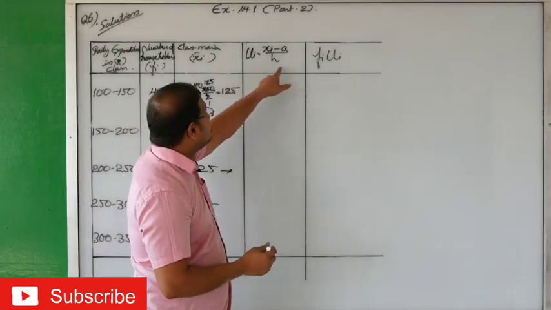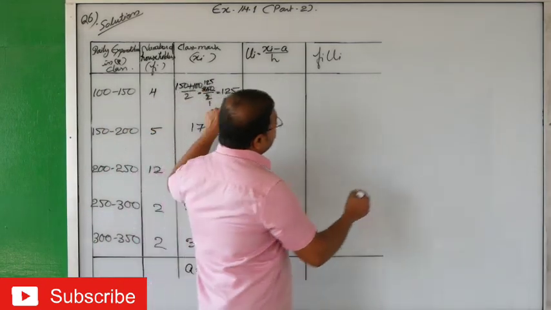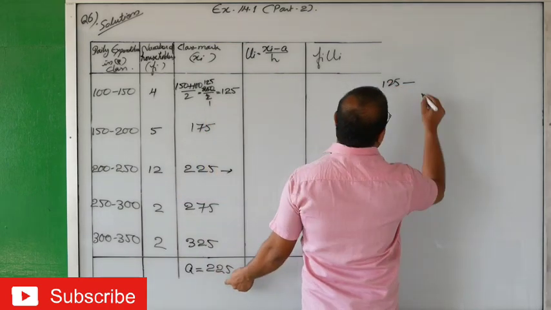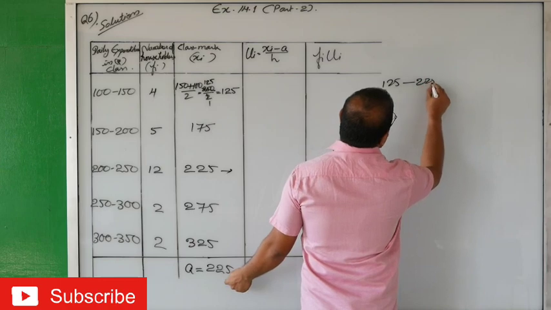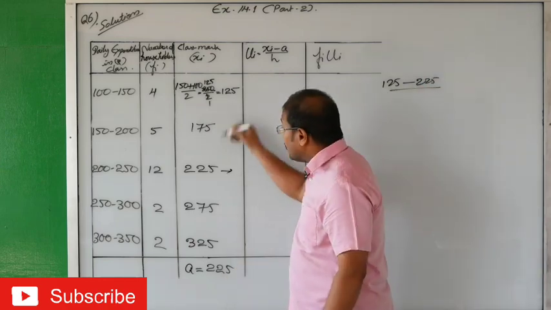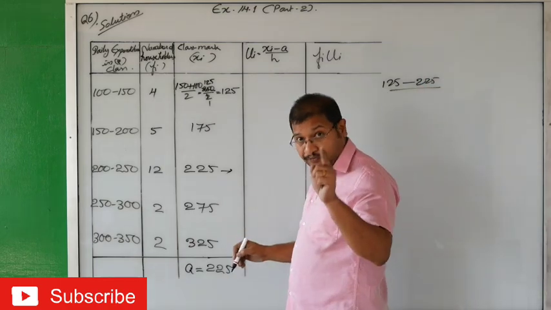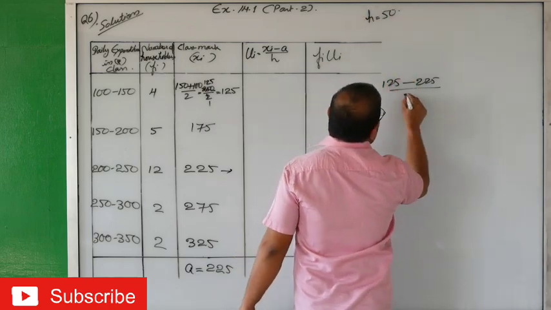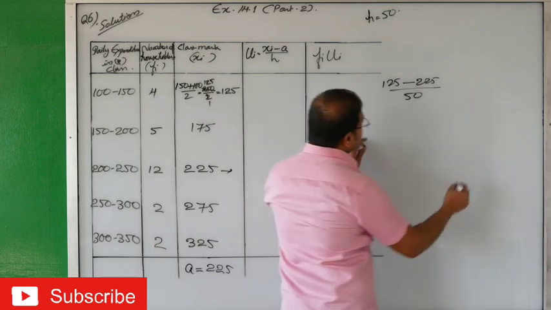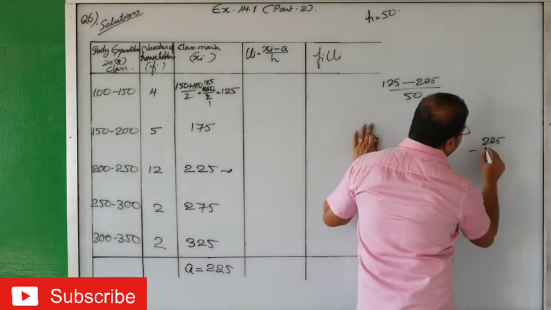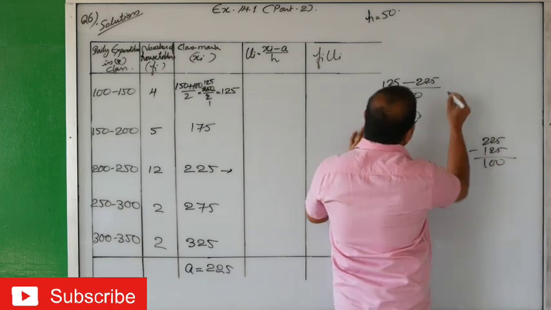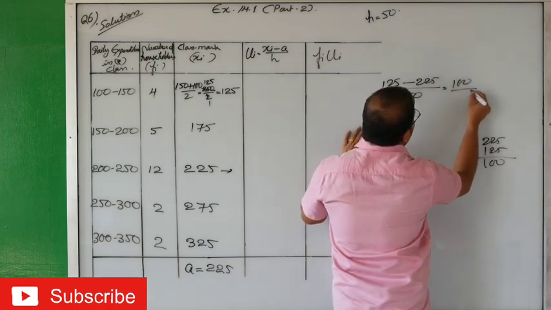ui means (xi minus a) by h. What is xi here? 125 minus a. What did you get? a is 225, divided by, what is the class interval here? 50, isn't it? That means h equals 50. Now 225 minus 125, we will get 100, so this is 100 divided by 50.